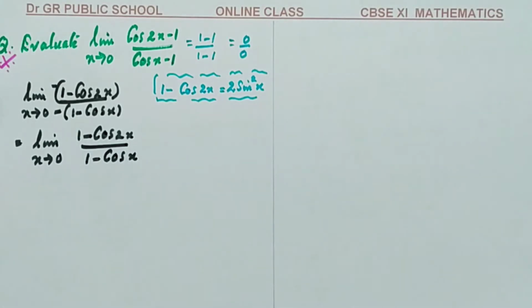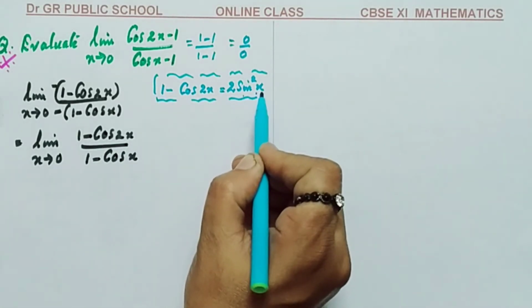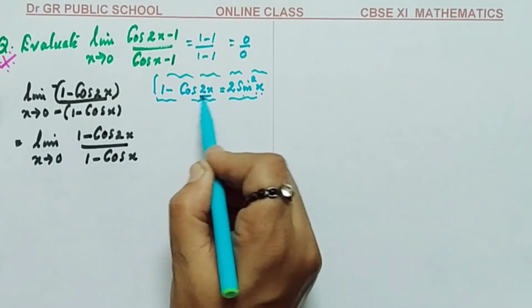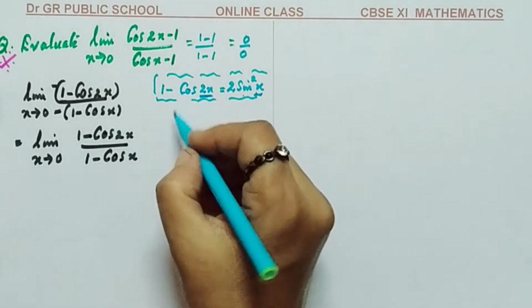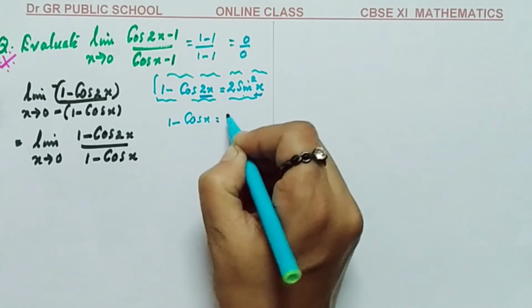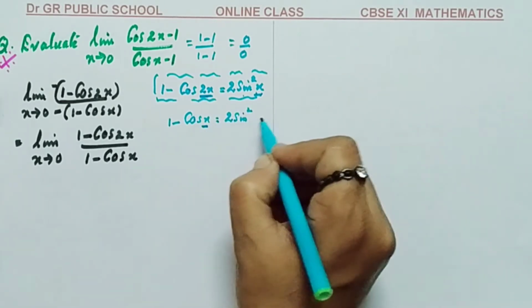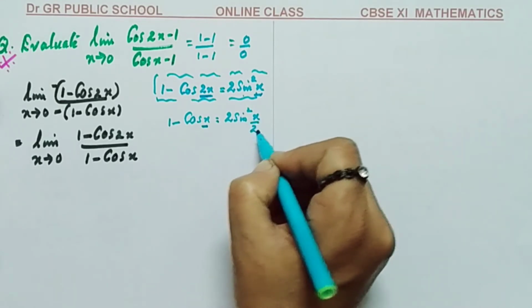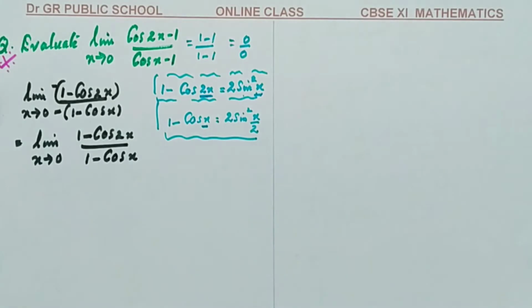You know the trigonometric formula for 1 minus cos 2x is 2 sin square x. If the angle here is 2x, the half angle will come here as x. So the formula for 1 minus cos x will be equal to 2 sin square of the half angle, x by 2. This result I am going to apply in the numerator and denominator.